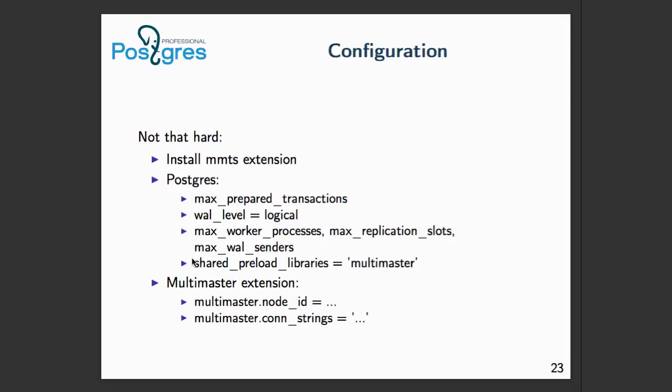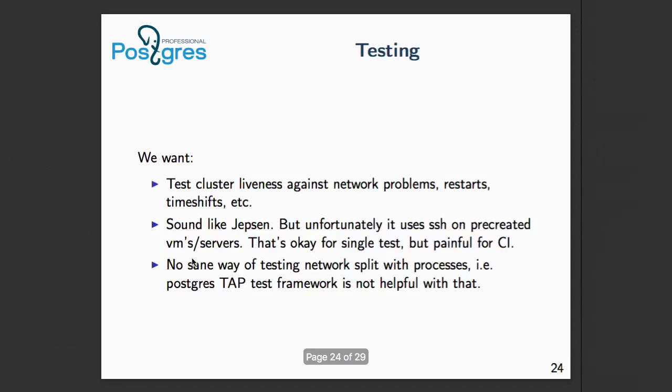We need several background workers, and we want our extension to be loaded at boot time. And after that, just configure multimaster: specify all connection strings to all other nodes and specify the node ID for that particular node. The connection strings will be just the same on all nodes, I mean, if you are opening ports in the usual way.